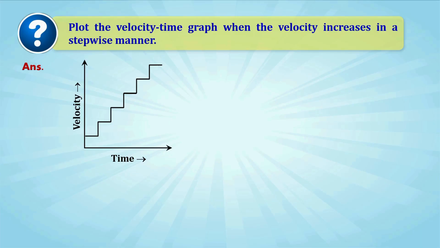Because of this pattern, the velocity-time graph looks like a staircase. The horizontal parts show constant velocity, and the vertical jumps show sudden increases in velocity. Therefore, when velocity increases in a stepwise manner, the velocity-time graph appears like a series of steps.